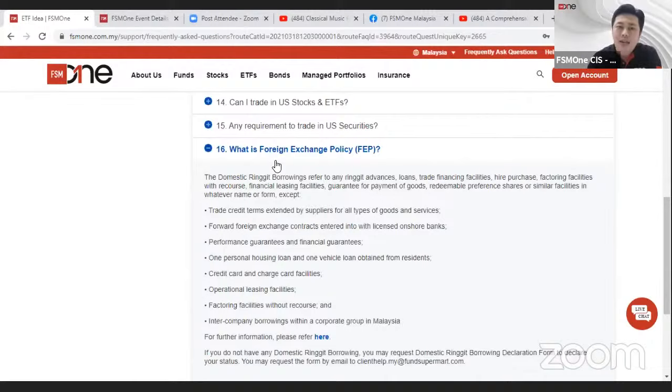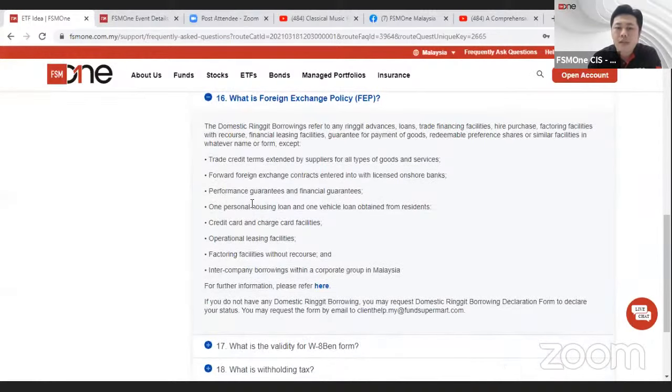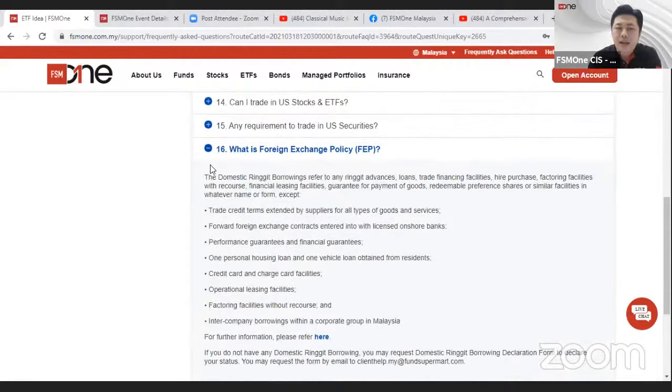After more than that amount, our system will block you from performing any foreign exchange conversion. So how do you identify that you are not a domestic ringgit borrower? For most residents, if you only have one housing loan and one hire purchase loan, then you are not a domestic ringgit borrower.